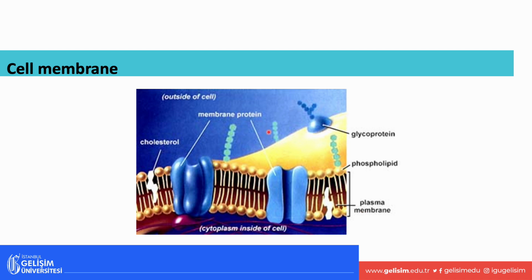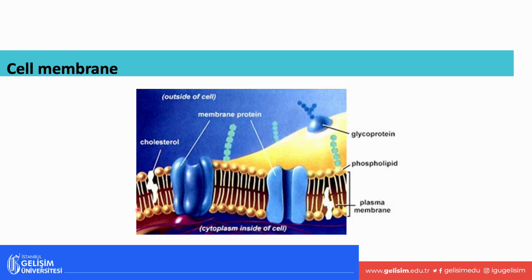Embedded completely across them, we call these transmembrane integral proteins. Sometimes we have proteins that are just on one side. They don't go all the way across, all right? They're on just the periphery, and we would call those peripheral proteins, right? So we have transmembrane proteins and peripheral proteins.